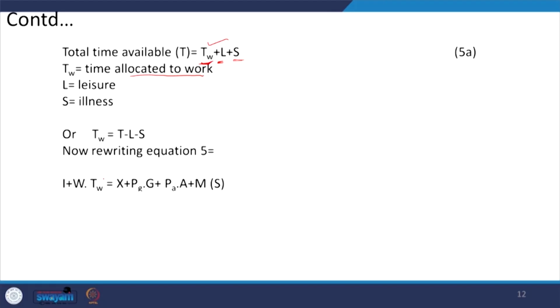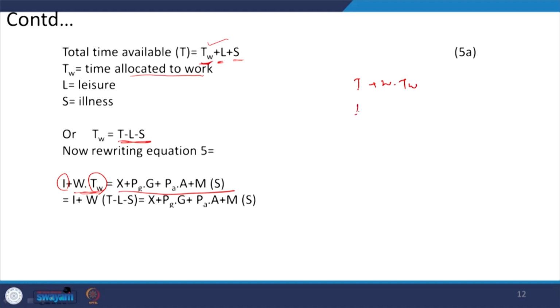On the left hand side of the budget constraint, this is the income from non labor and this is the income from labor hours, and we are putting this in. In place of TW we are replacing T minus L minus S, and the rest will be X, and then we can solve it. So here this is I plus W into TW.